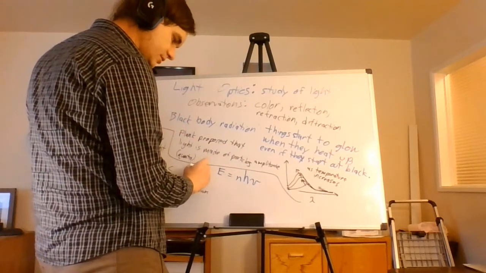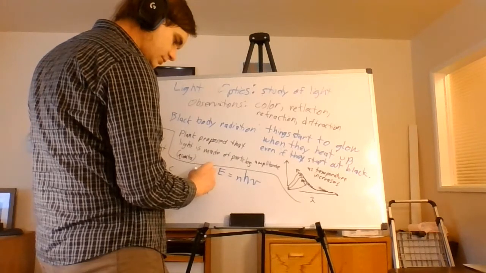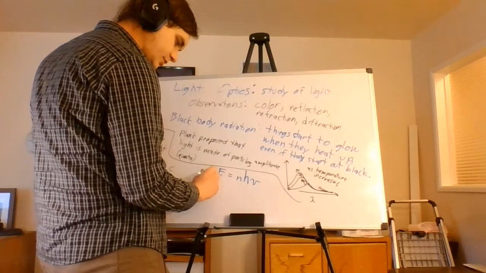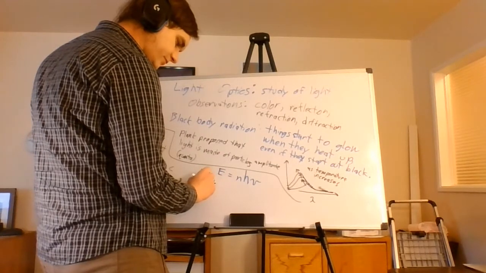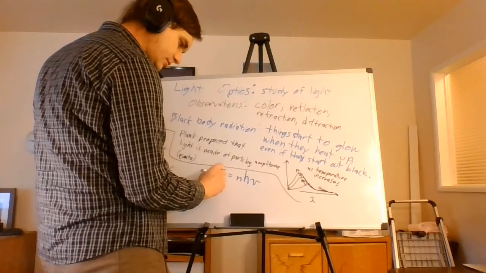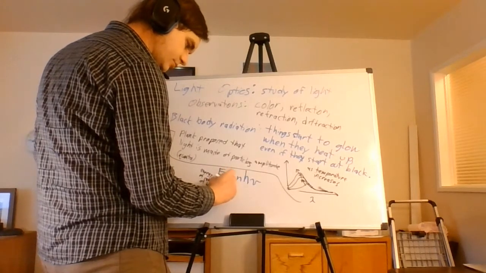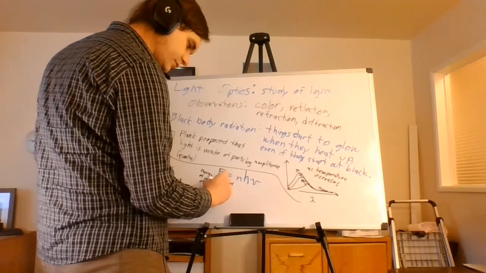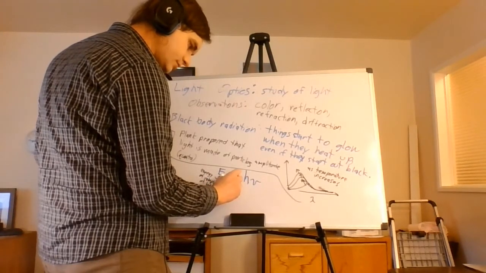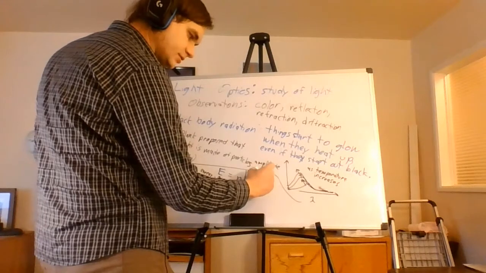So this is the energy of a sample of light. This is the number of photons. This is the frequency.